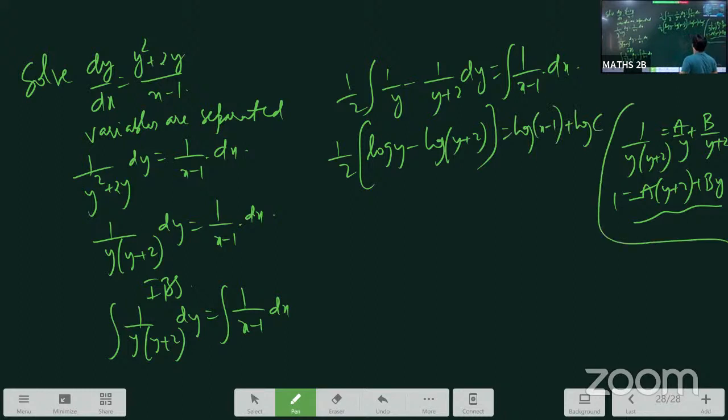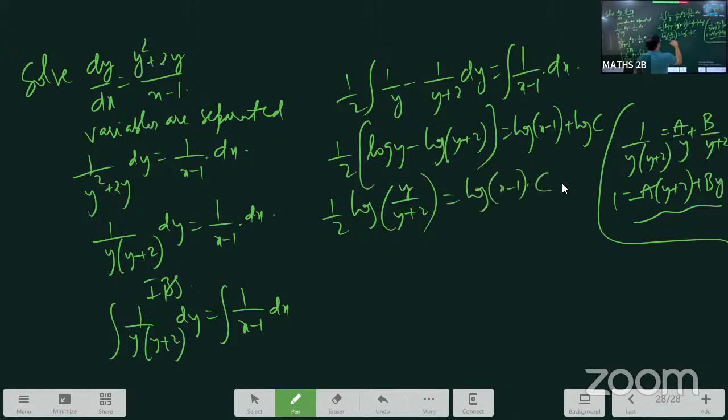If everything is in log, take log c, right? That is half log m minus log n. Log m by n is equal to log mn. Bring 2 to that side: log y by (y + 2) equals 2 log of (x - 1) into c.